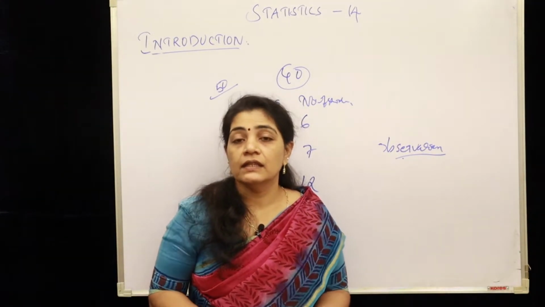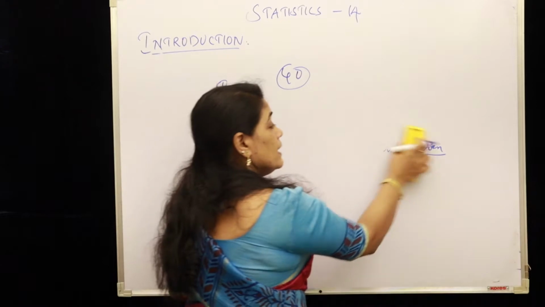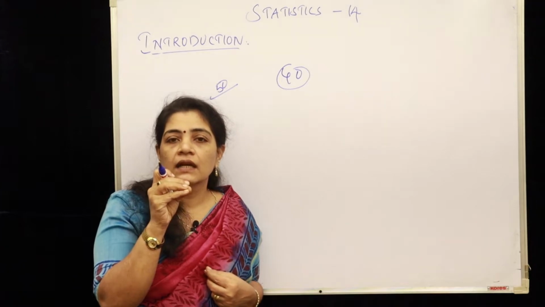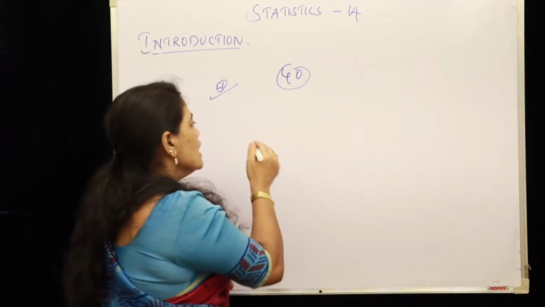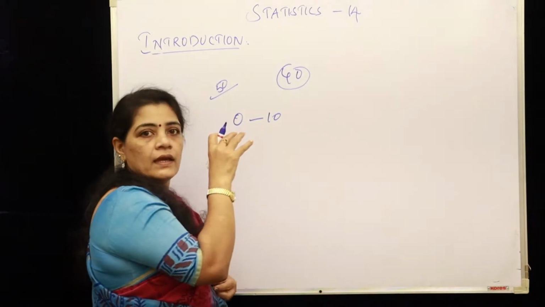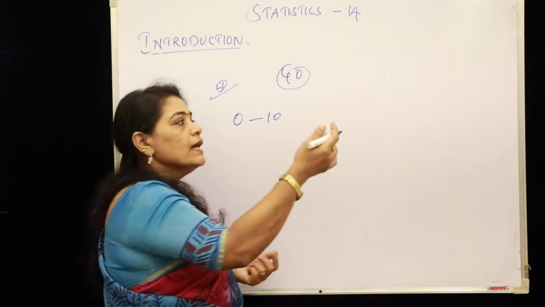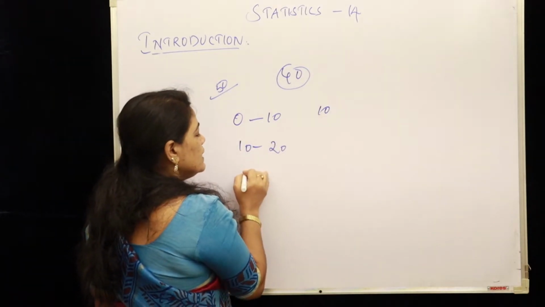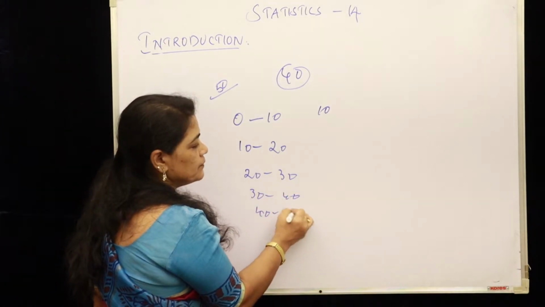And in the third way, you can represent the data in another form. Suppose I convert this data into class interval form. That is, between 0 to 10, the marks scored by some students fall between 0 to 10. There may be 10 students. Then 10 to 20, 20 to 30, 30 to 40 and 40 to 50.